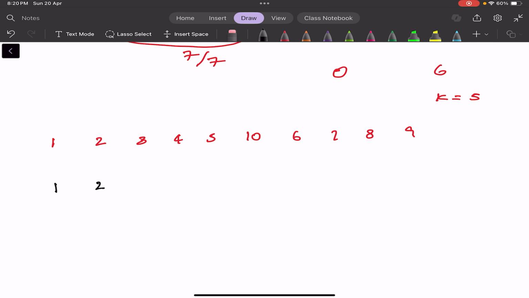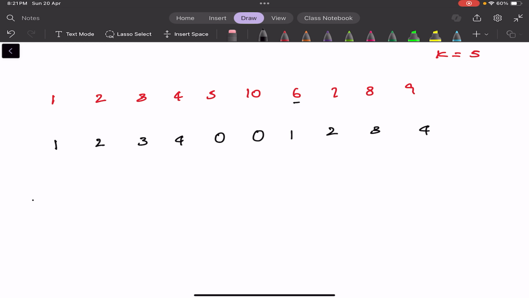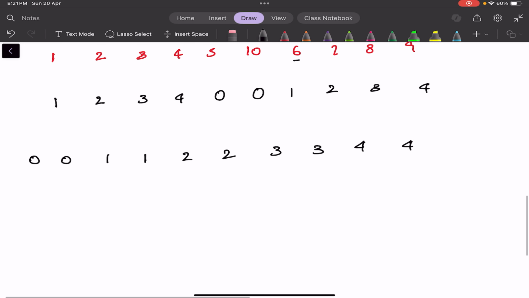We have 2, here 3, here 4, here it becomes 0, here also it becomes 0. For the rest it becomes 1, 2, 3 and 4, right? So let's sort this. We have 0, 0, and there are 2 1s, 2 2s, 2 3s and 2 4s, right? Even here you can observe all the numbers are between 0 and 4, which is k minus 1.